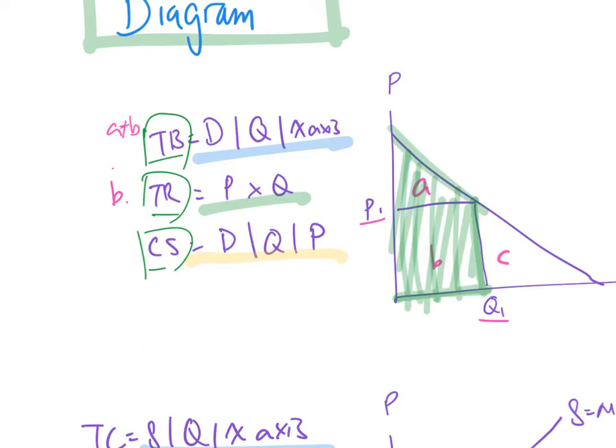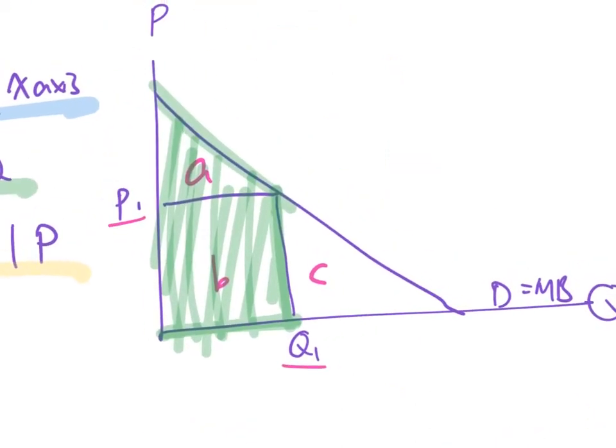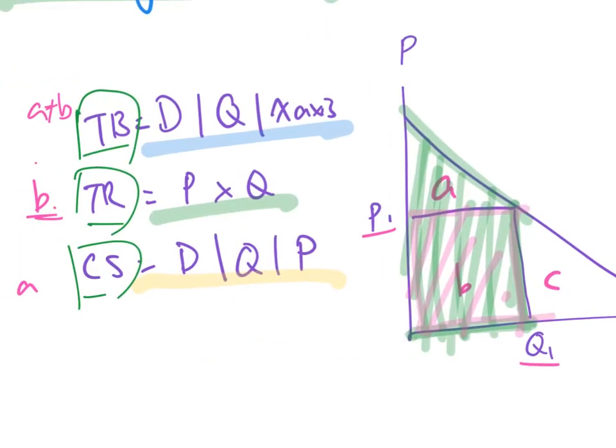The amount we paid is the total expenditure, that means total revenue, that means B. So actually it's A plus B minus B. Okay, so that's A. We enjoy the green area, A plus B, here, but we pay the B part, okay? So A is the consumer surplus.